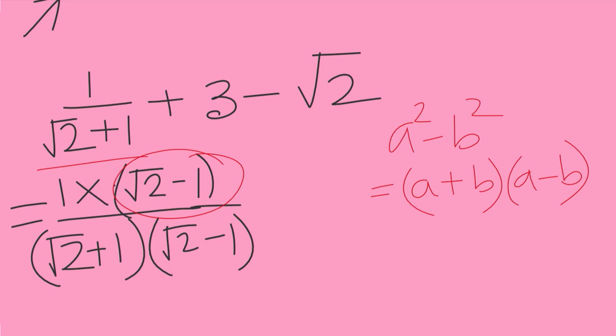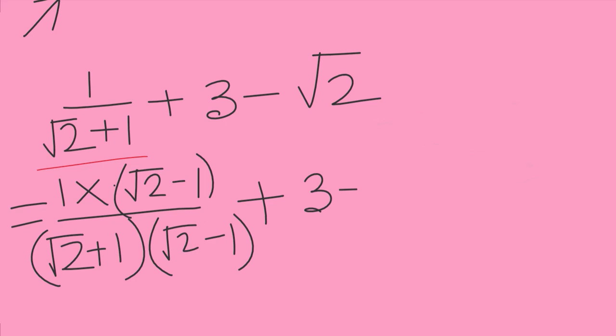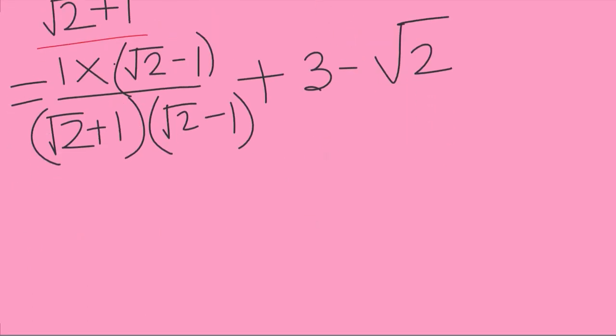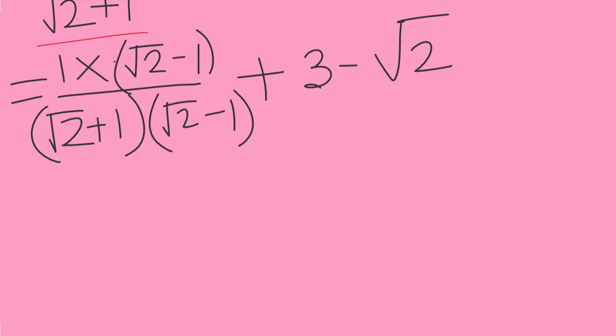Then we also have this 3 and minus root 2. Let us simplify this entire problem, not just rationalize the denominator of this term. Next, the numerator becomes root 2 minus 1 because it is being multiplied with 1.